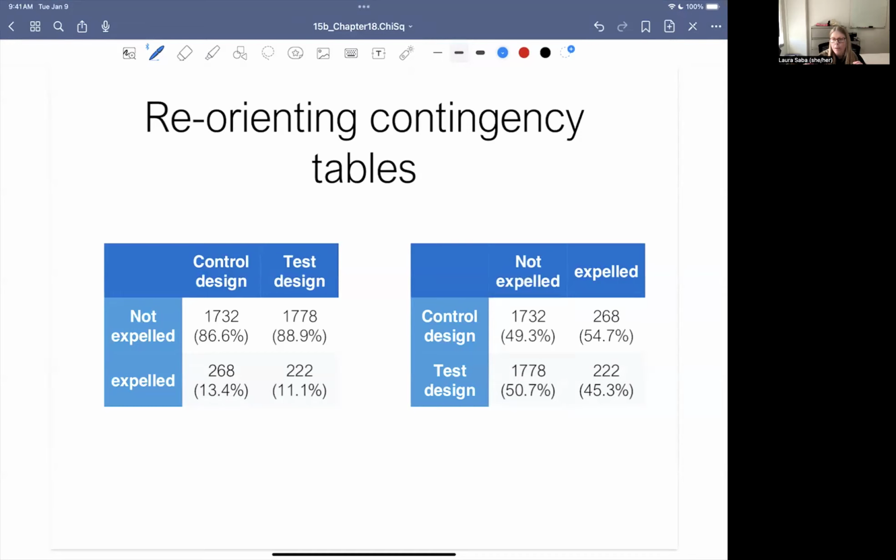It's really about what makes it easier to explain. What is more intuitive to you when describing your results? For instance, in this one, I feel like it's easier to talk about the proportion that were expelled in each test design.